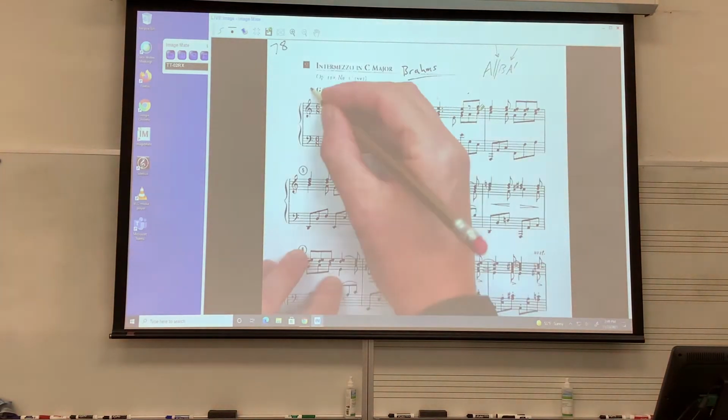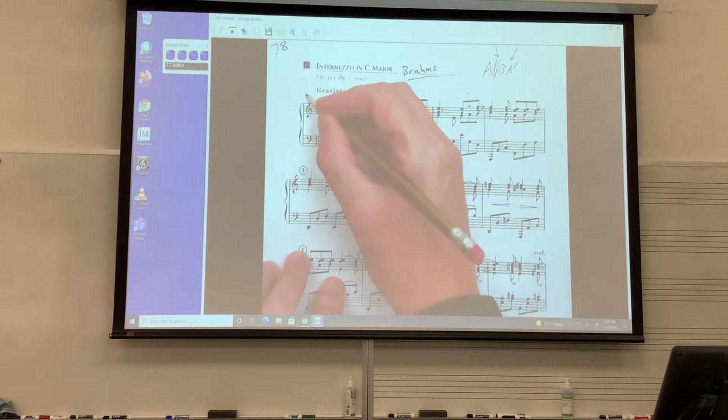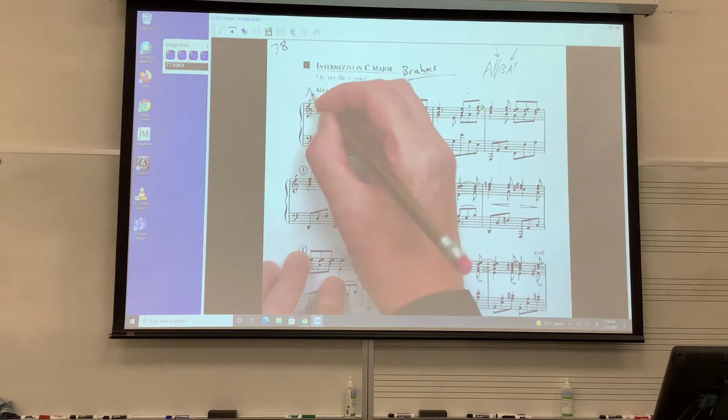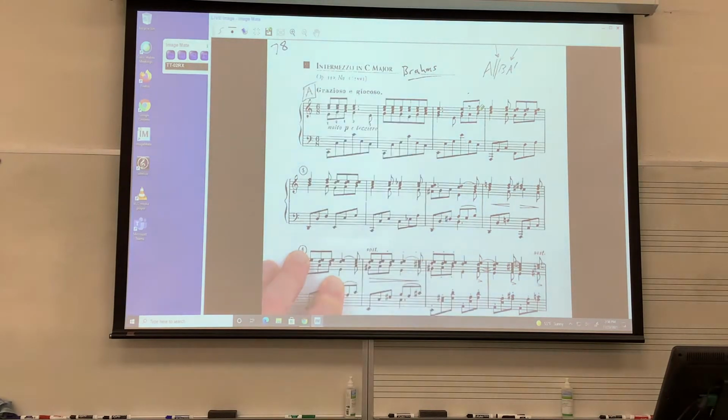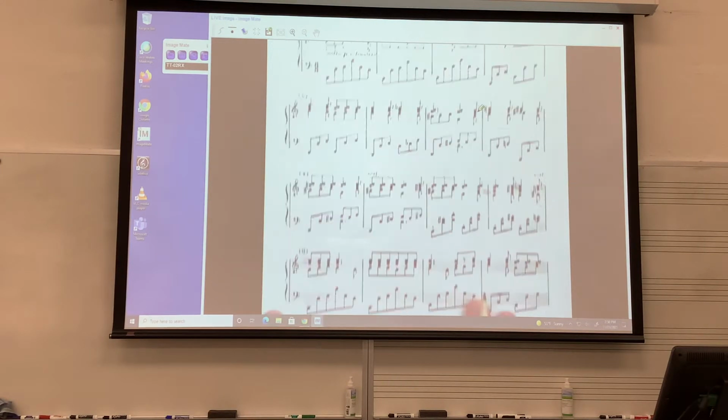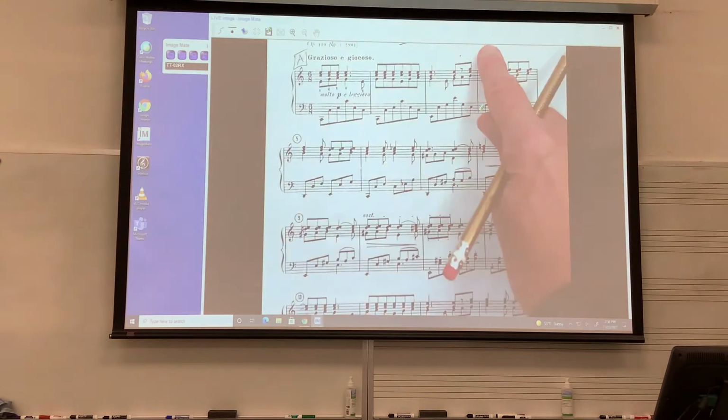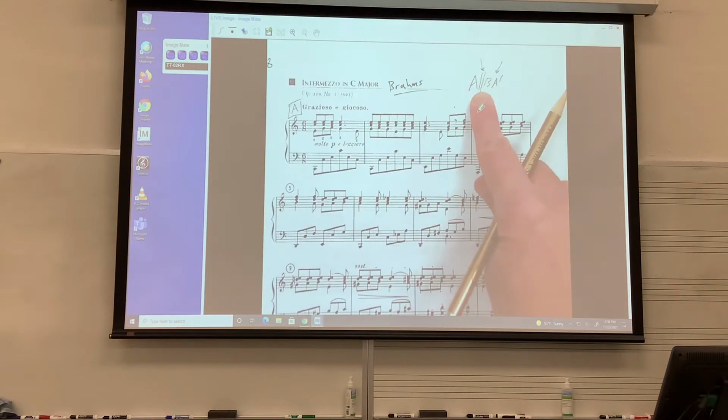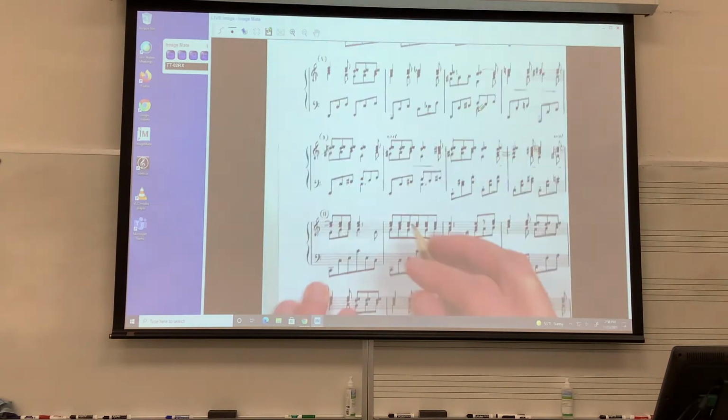Well, now that you've listened, I'm going to go ahead and put these up. So here is, of course, our A section. You'll notice, though, that there is a repeat of the A section, even though I told you there's no repeat sign. No repeat sign, but there is, in fact, a repeat. It's right here.